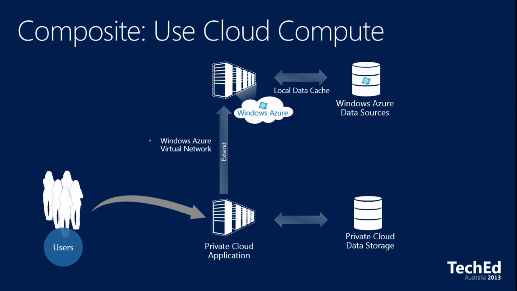And if that's the case, that's where something like Windows Azure Virtual Network comes in. So if you don't know what this is, it's essentially a technology we have which allows you to isolate a part of the Azure environment and create a secure connection between your environment and the Azure environment via an IPsec connection. Essentially, I'm creating a VPN between those two.